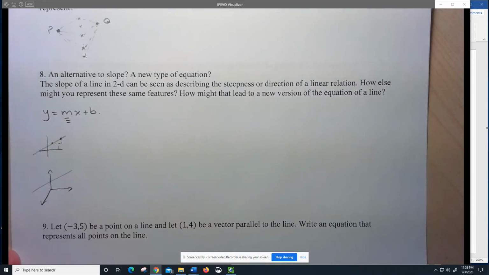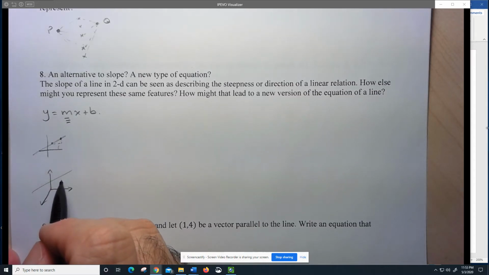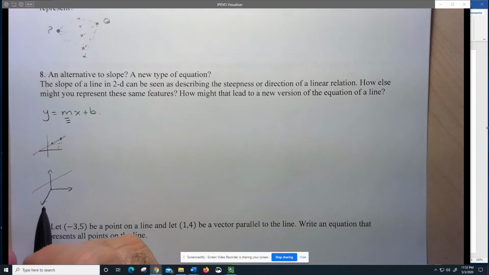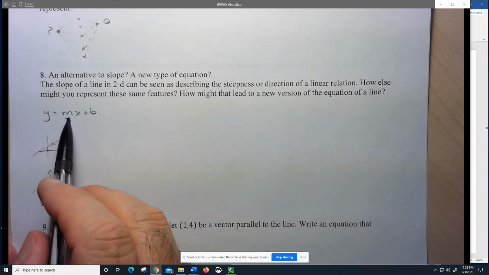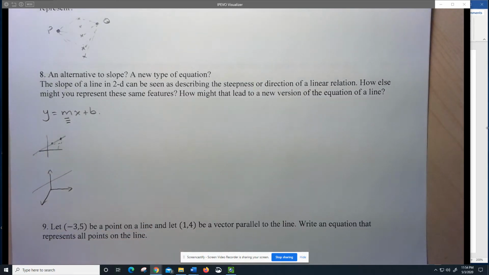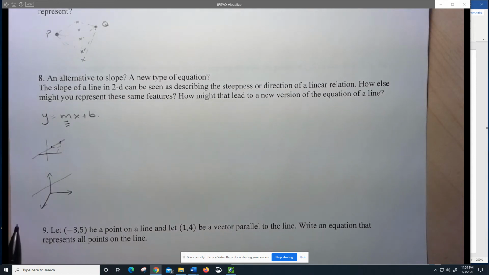Because if I have this line here, well, is it how z increases with respect to x and y? In which case, you can't easily write a single ratio to represent the steepness of the line, okay? So we're going to need something else that represents the steepness of a line, okay?